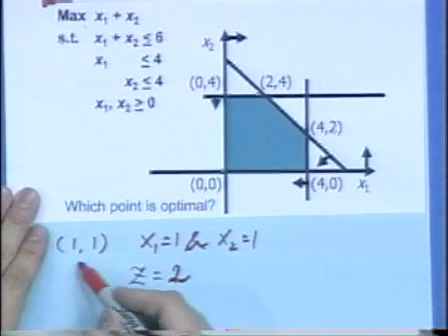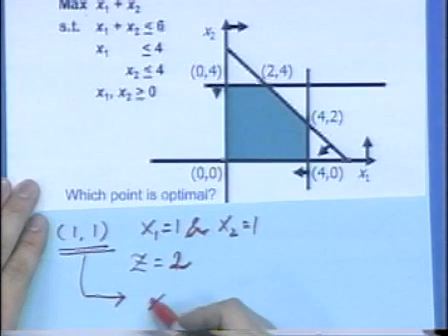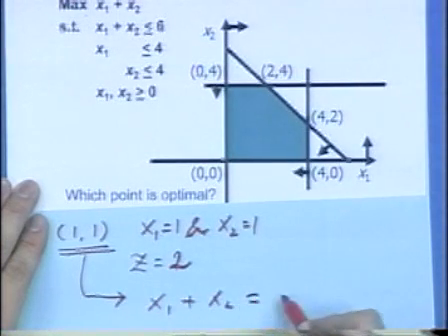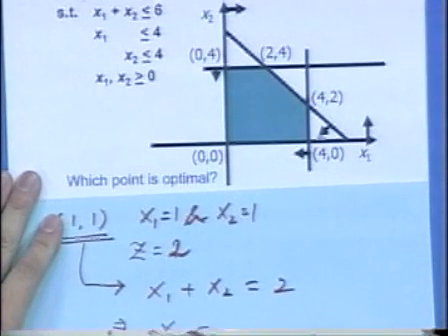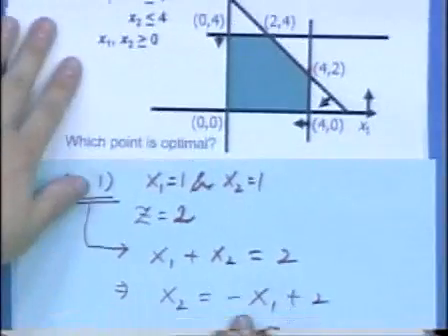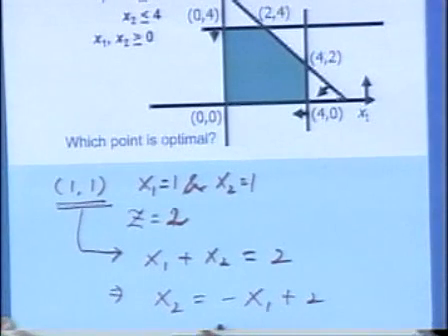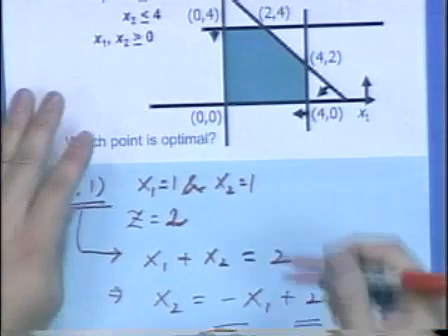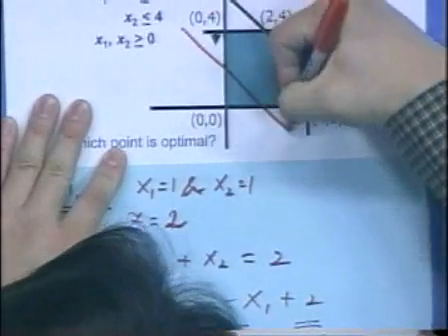Which means this point (1, 1) will be on the line x1 plus x2 equals 2, right? Which will be x2 equals negative x1 plus 2. So the line has negative 1 as the slope and x2 intercept of 2, right? So it's like this, okay?